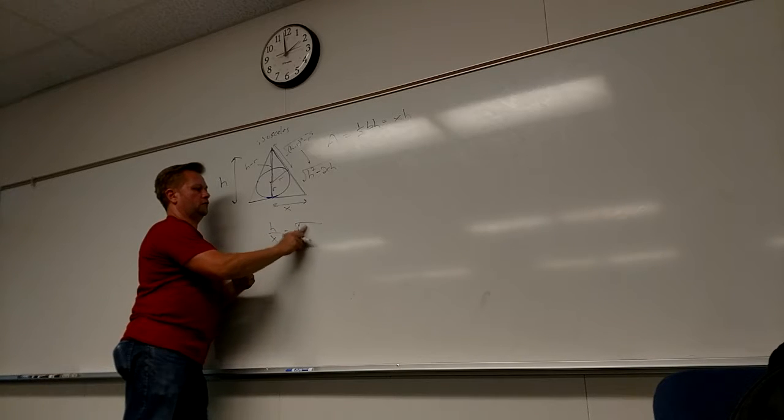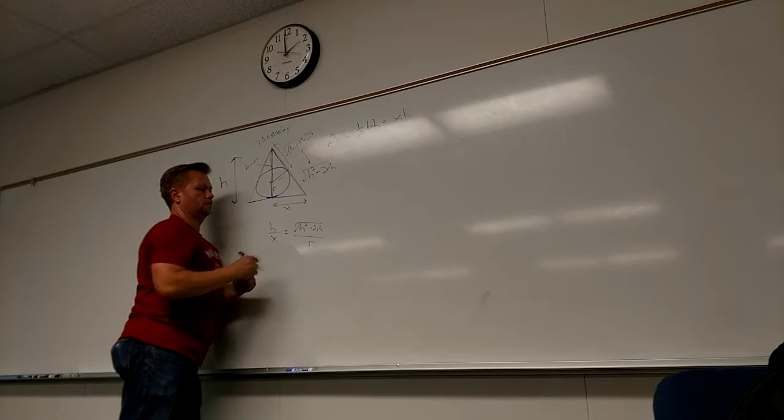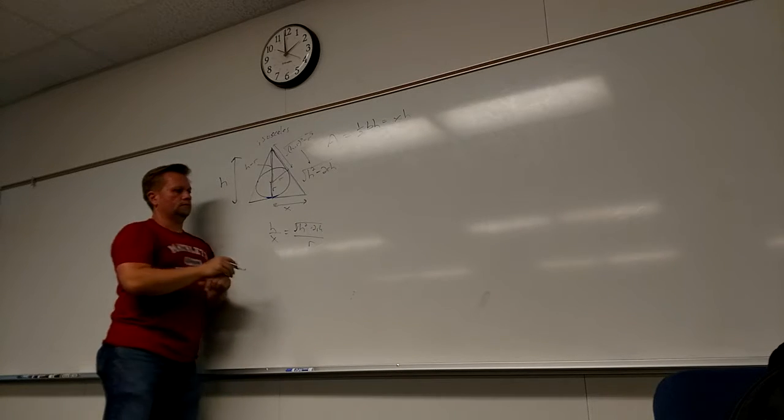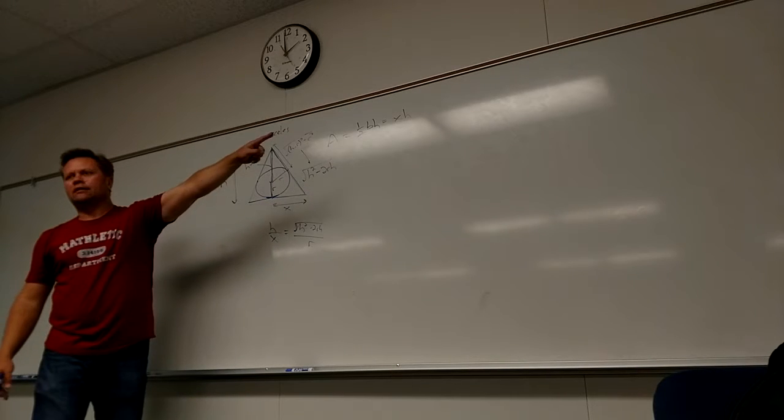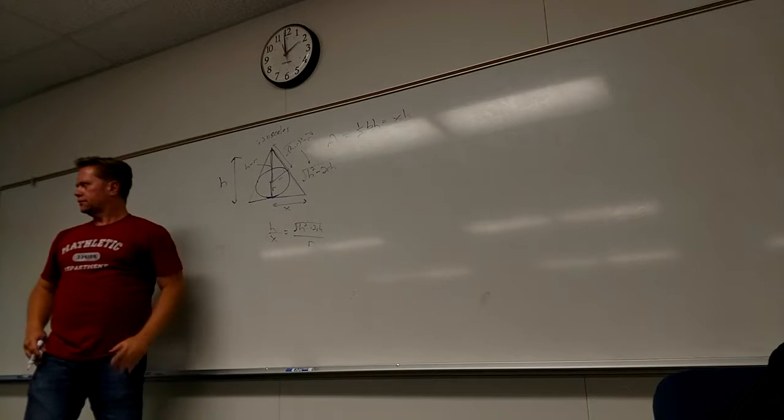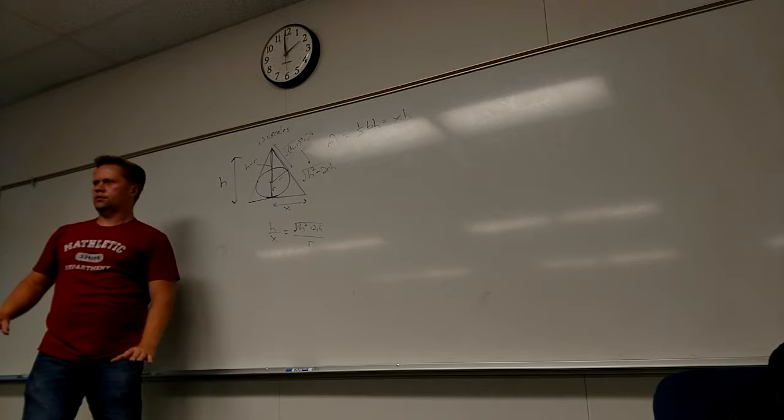Let me put it in better form: the square root of h squared minus 2rh, over r. So I can solve this for x and plug that in, and then take derivatives. All right.